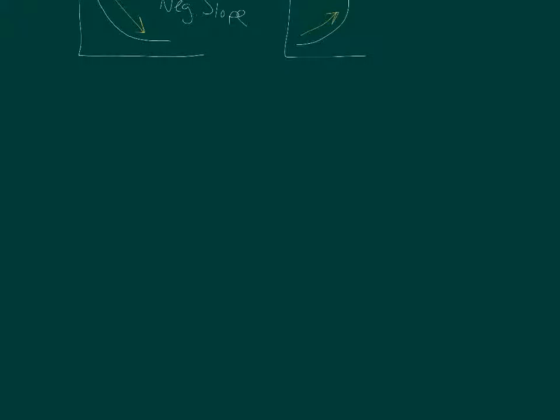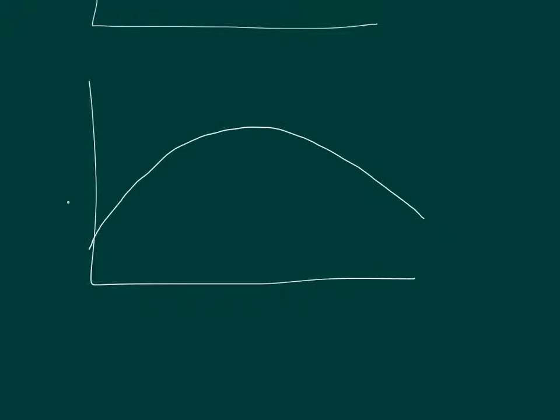Let's say I threw a ball as far as I could. And when I throw that ball, I throw it in an arc. So you can actually graph that arc. And this would be the height of the ball and the time.